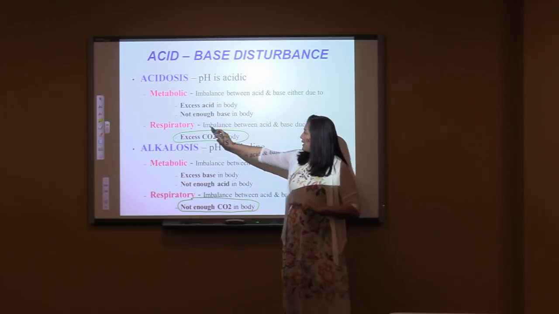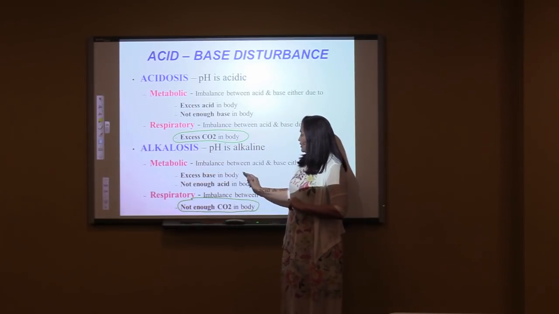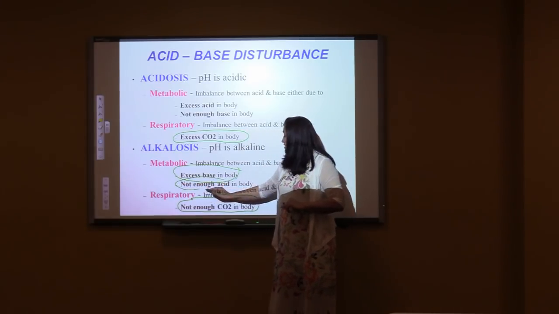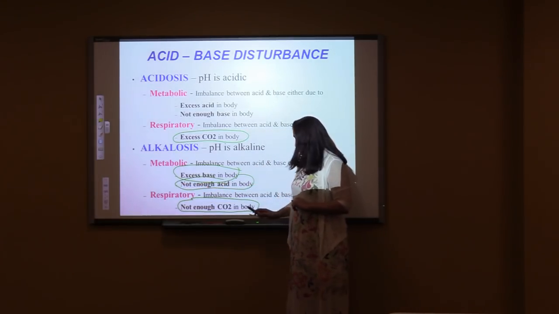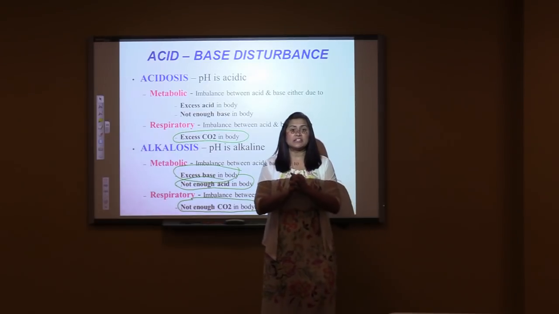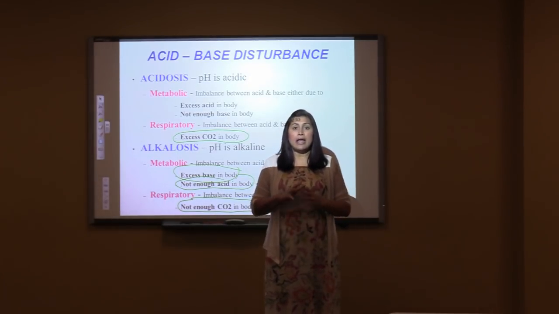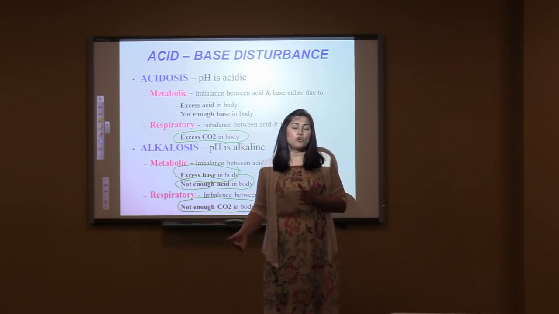So metabolic alkalosis could be due to excess base in your body or not enough acid in your body. Okay? Anytime something deals with CO2 levels, you automatically term it respiratory. Anytime it has nothing to do with CO2 levels, but it's still causing you to go into acidosis or alkalosis, we call it the metabolic system.